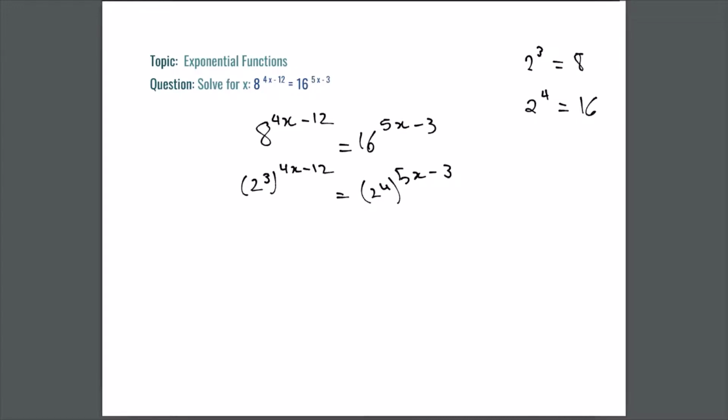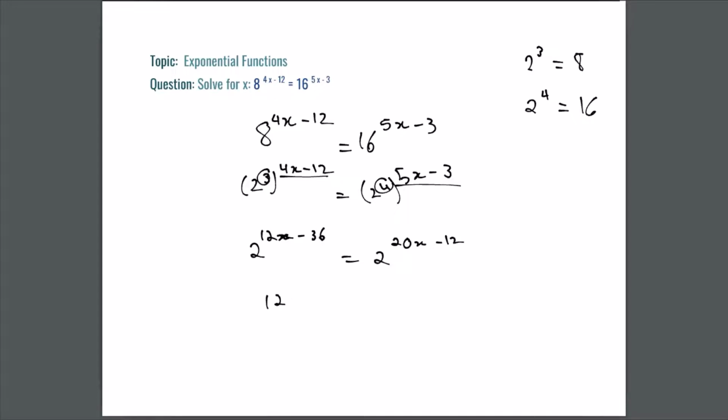Now we need to multiply 3 with 4x minus 12 and 4 with 5x minus 3. We will get 2 to the power 12x minus 36 and 2 to the power 20x minus 12. Now that the bases are the same, the exponents must be equal to each other.